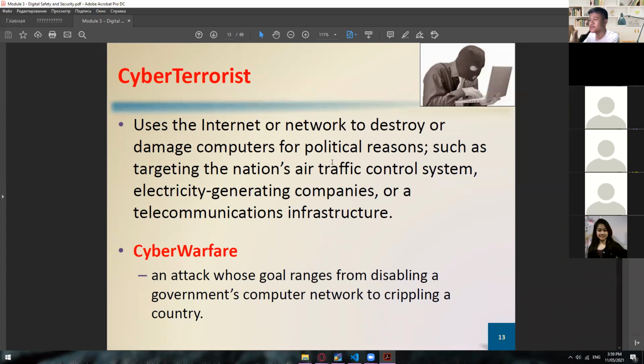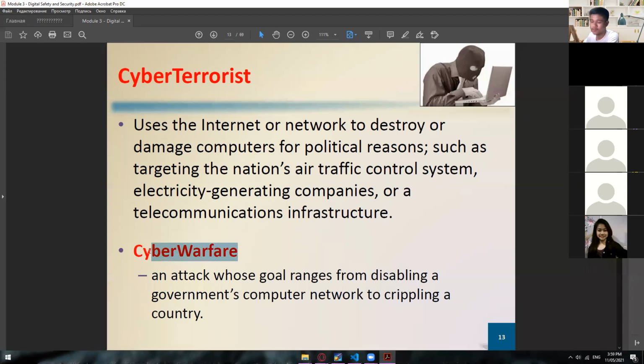Those are being paid by that person to do those bad things. So if that cracker is attacking a big company, a big city, or a government, he is now a cyber terrorist. Or he just wants simply to cripple a country, which will lead into cyber warfare.